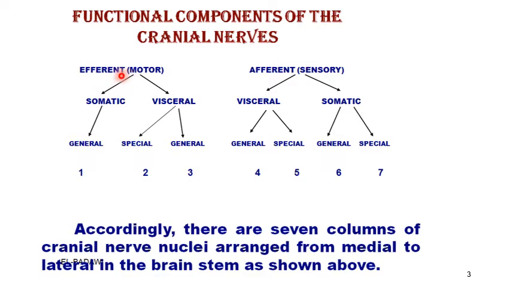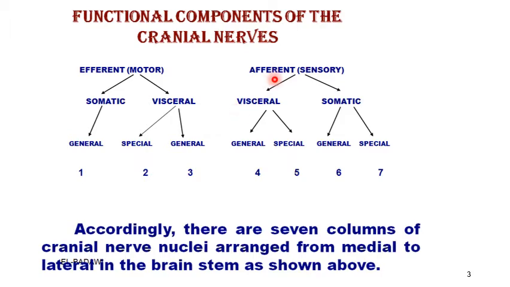For the motor or efferent fibers, the somatic is only one group, which we call general somatic motor, or somatic motor. While the visceral is divided into special and general. So there is special visceral motor or efferent and general visceral motor or efferent. So there are three groups of motor fibers within the cranial nerves.